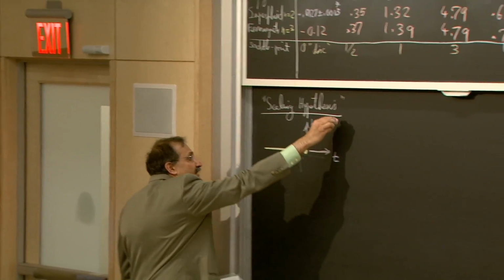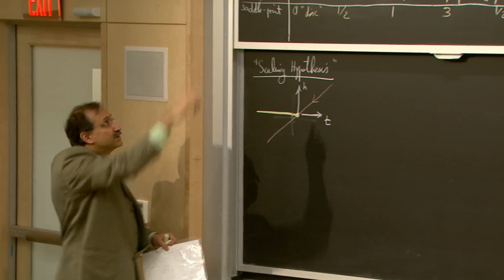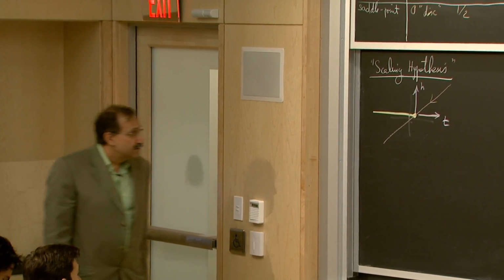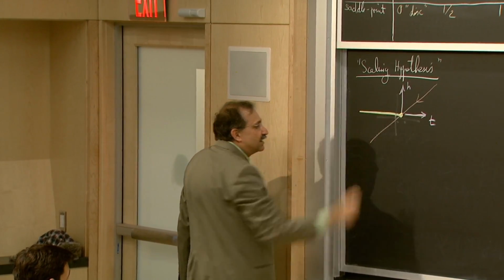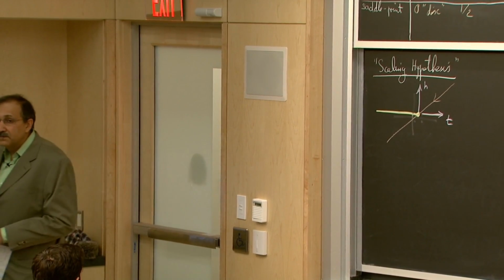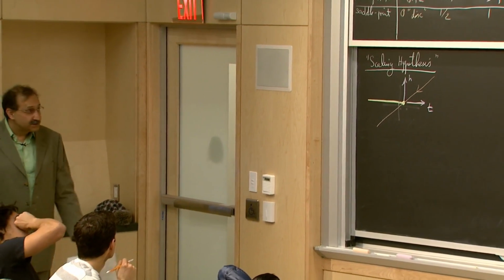Maybe I come in along a path such as this. I still go to the critical point. You can certainly imagine that for the liquid gas system. And what's the structure of the singularities? I know that there are different singularities in the T and H direction. What is it if I approach the system along a different direction, which we may well do for the liquid gas system?